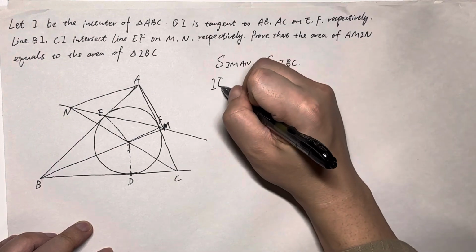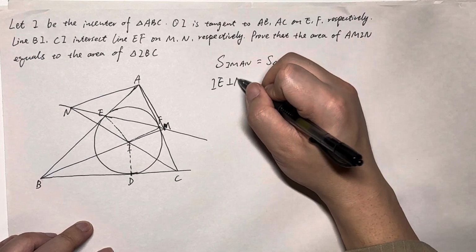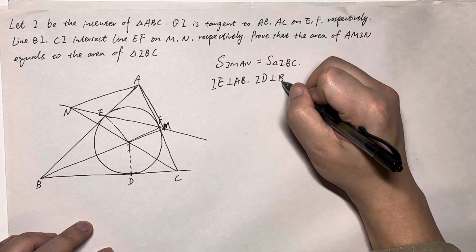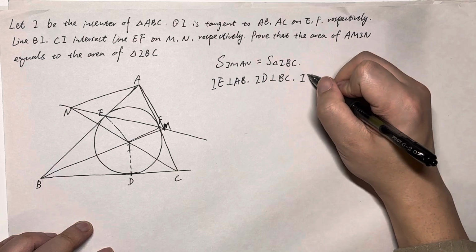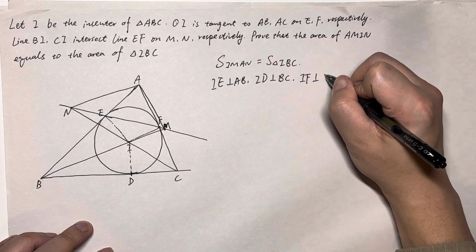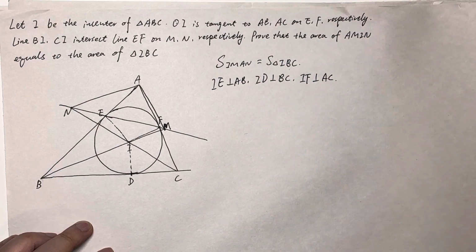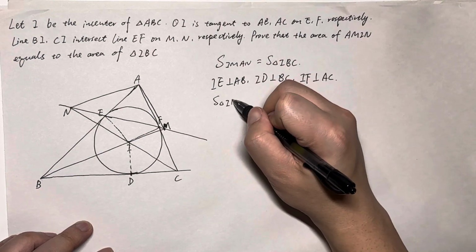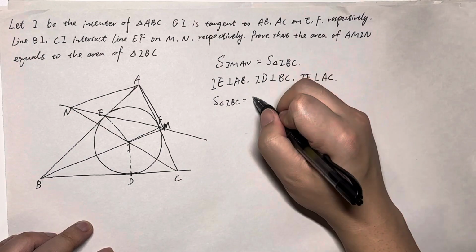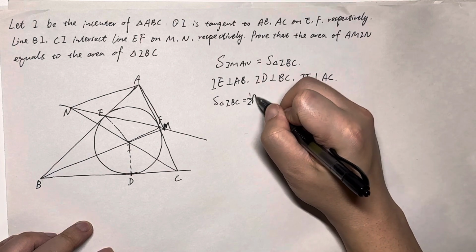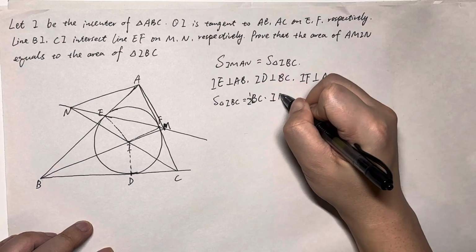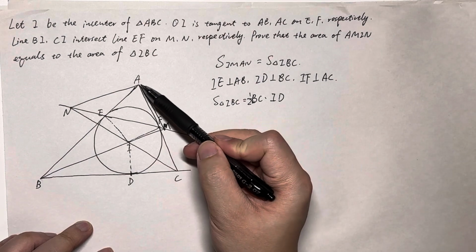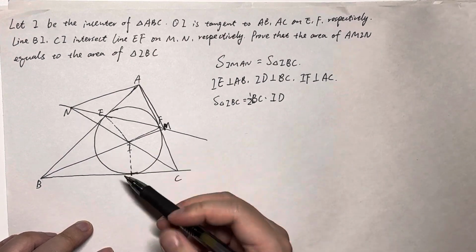So IE is perpendicular to AB, ID is perpendicular to BC, IF is perpendicular to AC. So for the area of triangle IBC, we can calculate it as half of BC times ID, right? What about the area of AMIN?